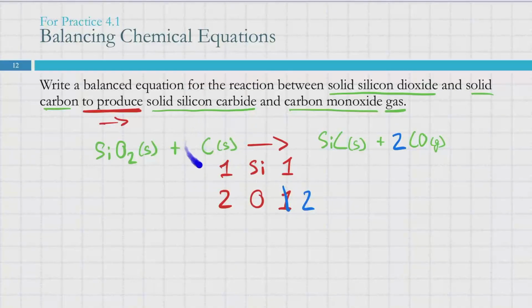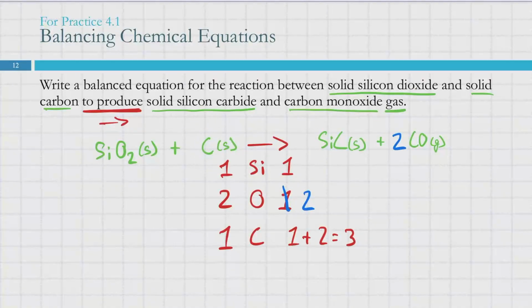And the last thing that we're going to balance is the carbon, because the carbon is by itself on the left side. On the left side we've got 1. On the right side we have 1 in our silicon carbide, and we also have 2 times the 1 in our carbon monoxide. So we've got 3 carbons on the right side and 1 carbon on the left side.